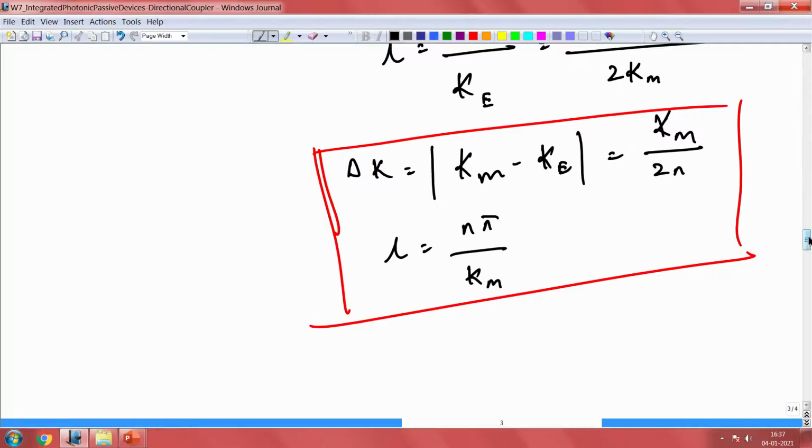So, that is how we exploit these directional couplers for coupling or splitting power, combining power, and also splitting and combining different polarizations as well.